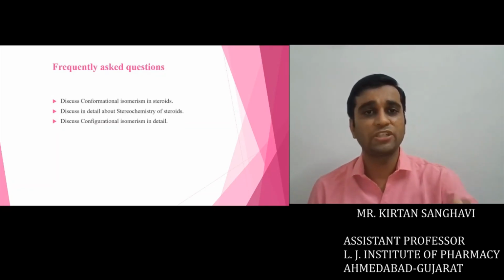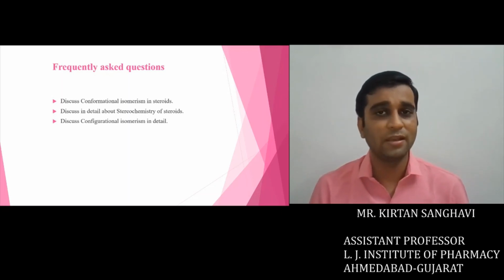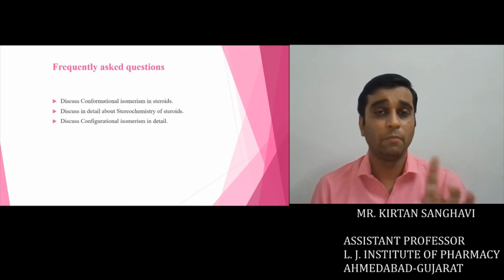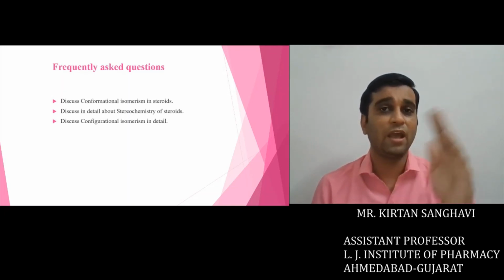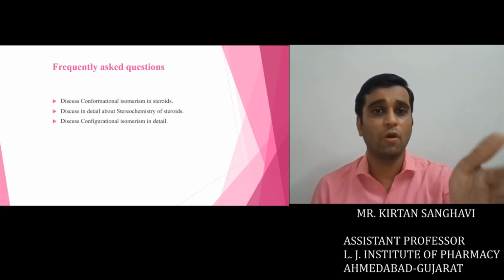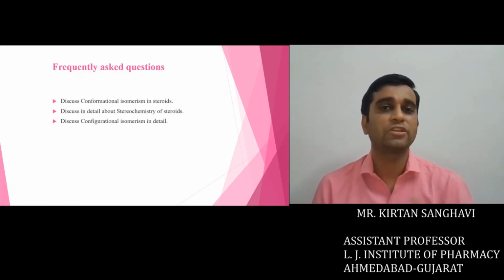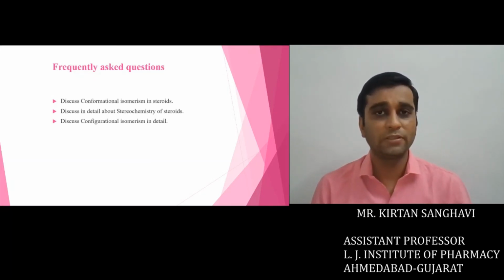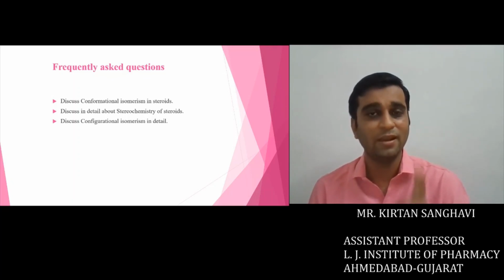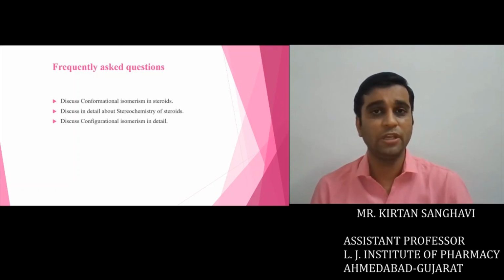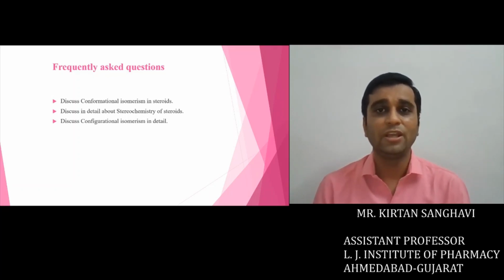You have to mention the basic points of nomenclature as well as all three aspects of the stereoisomerism. But if they ask only the conformational or configurational or only the stereochemistry part, you must mention all those points which I have mentioned in the presentation, as well as the structures, because when they ask 5 marks stereochemistry, you always have to mention the structures.